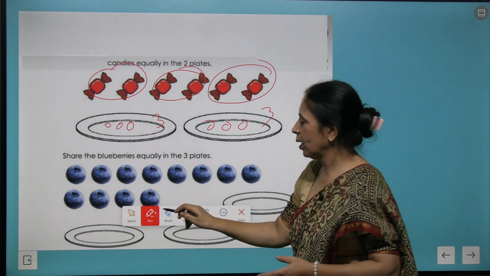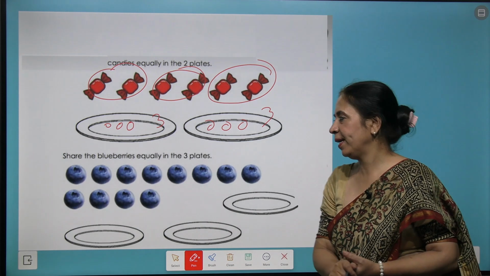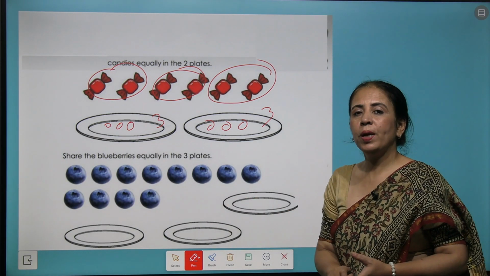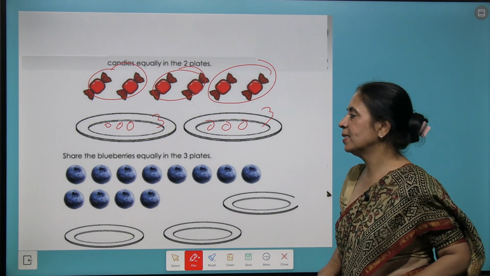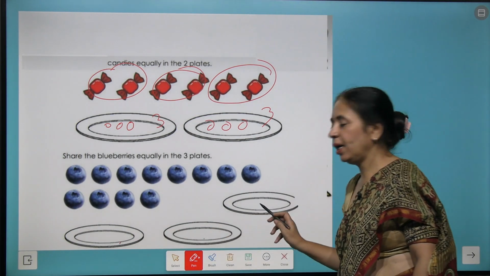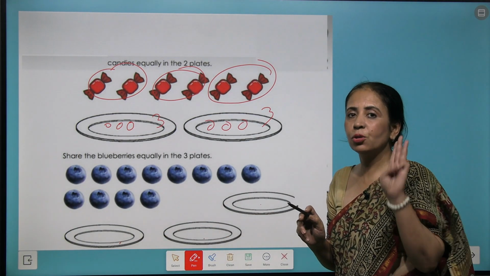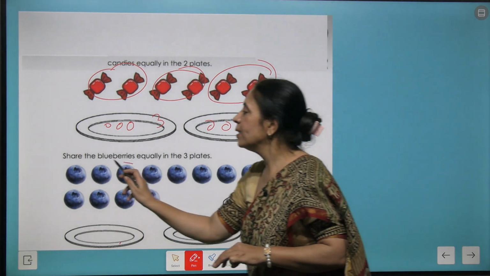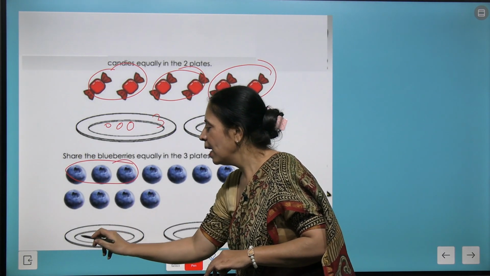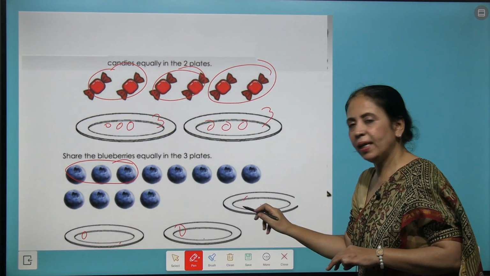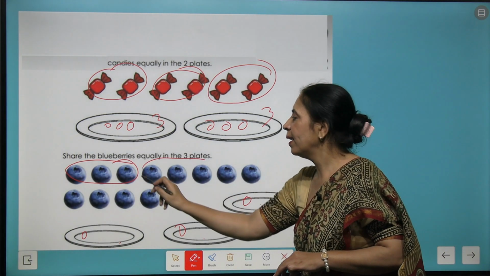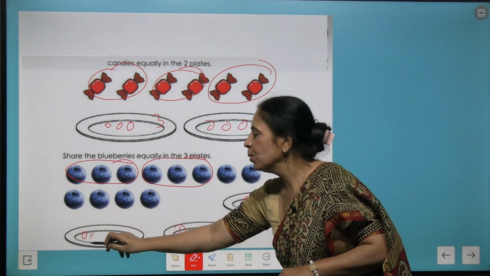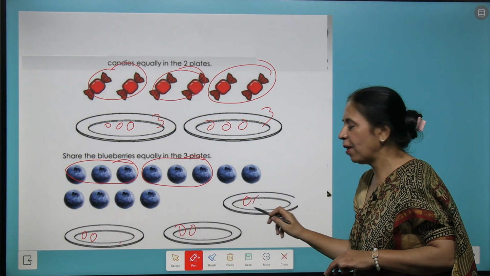Now we are talking about these blueberries. We have 12 blueberries here and they are to be equally divided among 3 plates. So let's pick 3 berries and put 1 in each plate, taking another 3 blueberries and putting them in 3 different plates.